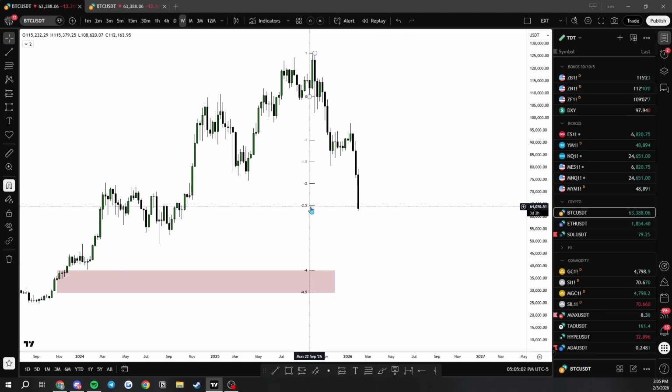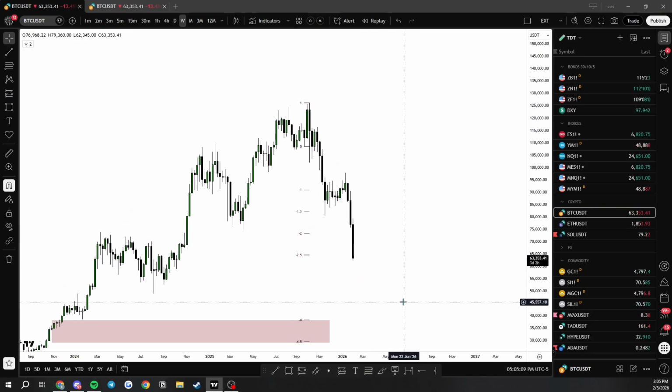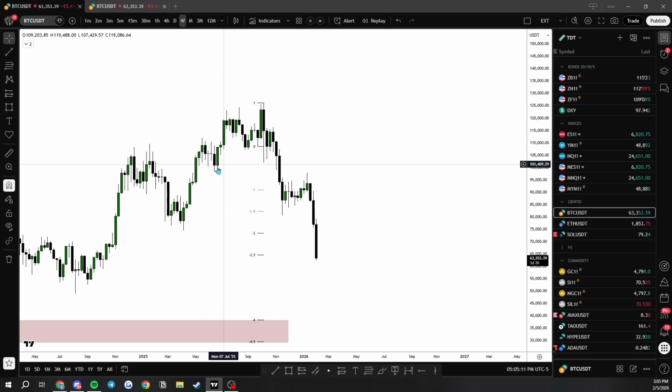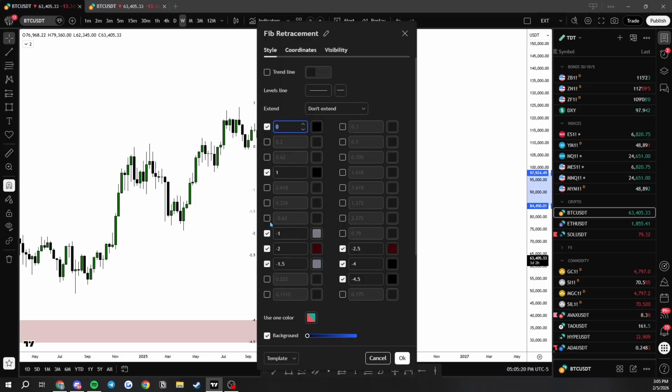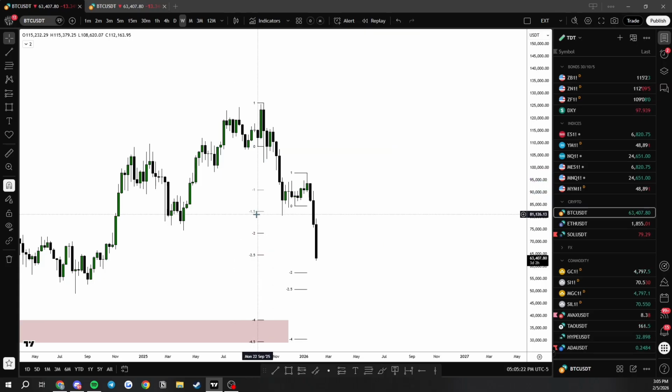Now, we're in the 2 to 2.5, so we still have a little bit of time to maybe close back inside of this. Another thing that we can do is we don't just have to use this one, we can also use this one here, right? Let's remove the 1 to 1.5 because I haven't talked about that just yet.